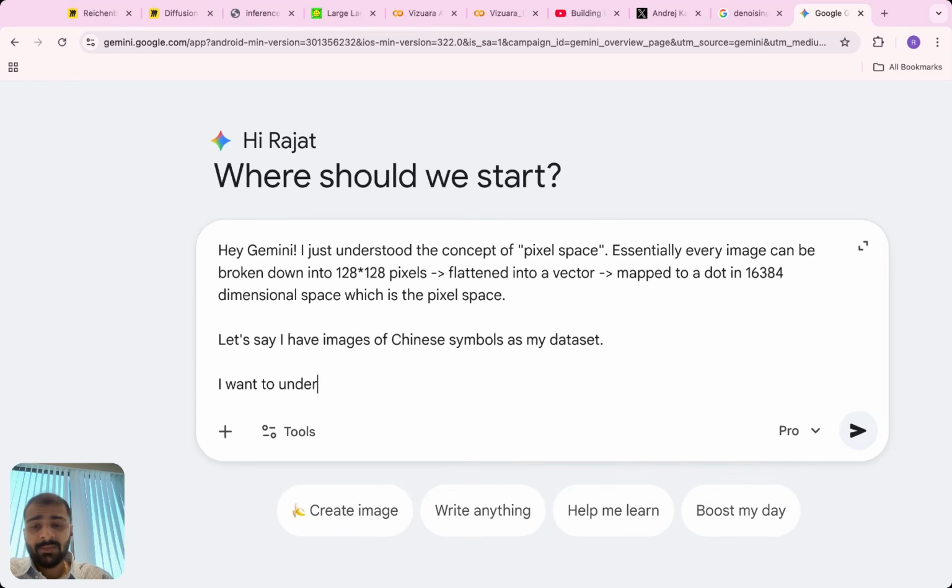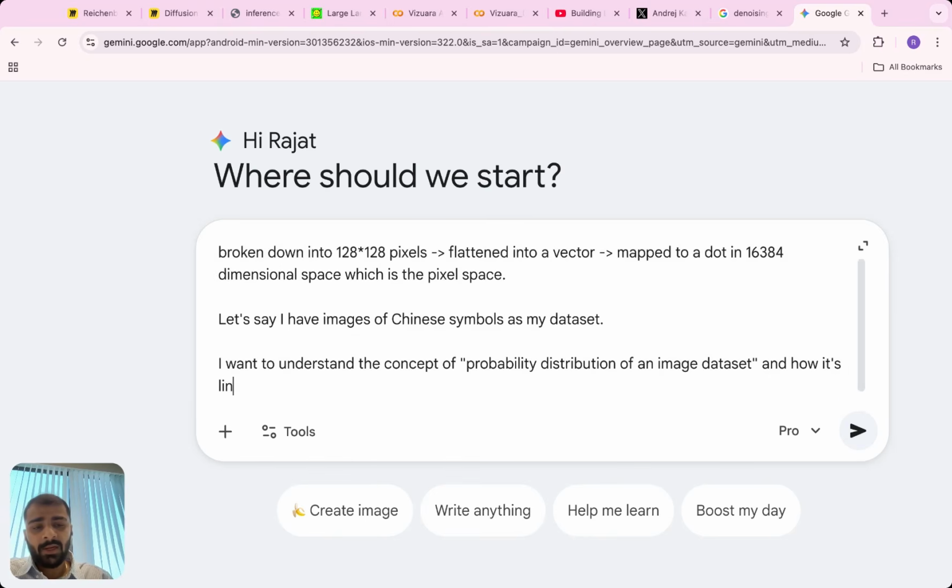I want to understand the concept of probability distribution of an image data set and how it's linked to the concept of pixel space. Can you explain this to me?